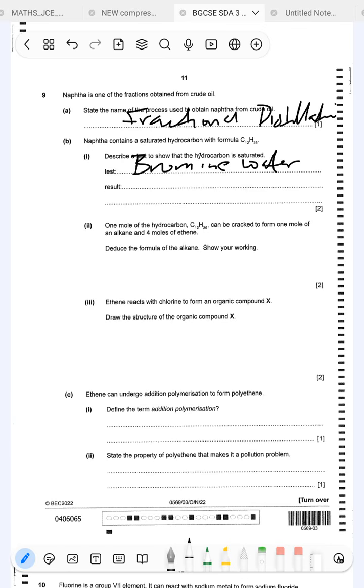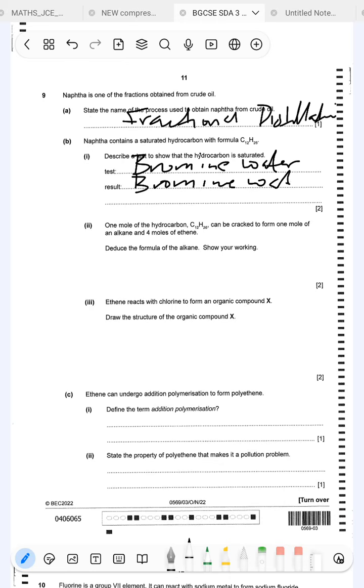Now remember that bromine water is red brown in color, okay? So whenever you have a saturated hydrocarbon, that bromine water will not react with the hydrocarbon, so it just stays that color, okay?